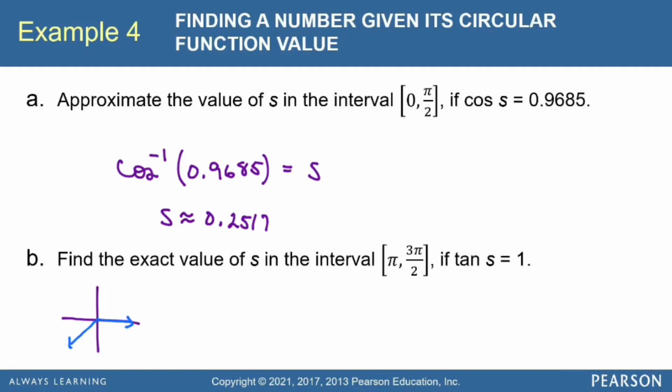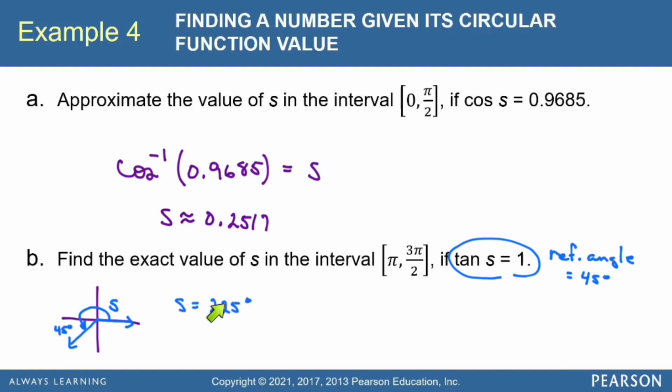Let's go ahead and draw ourselves a diagram of a third quadrant angle. And now we will use this statement as a clue to help us find our reference angle. So if the tangent of our unknown angle is 1, that is one of our memorized tangent values, and that tells us that the reference angle is 45 degrees. So that would be right here. And if the reference angle is 45, that means the standard position angle in degrees is 225 degrees.